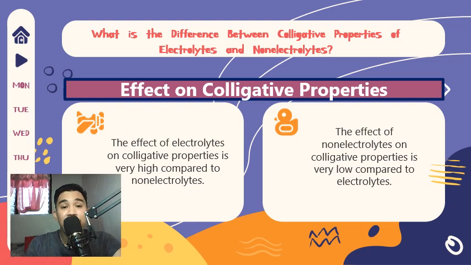So, in terms of effect on colligative properties, the effect of electrolytes on colligative properties is very high. It is really very high compared to non-electrolytes. But the effect of non-electrolytes on colligative properties is very low compared to electrolytes.